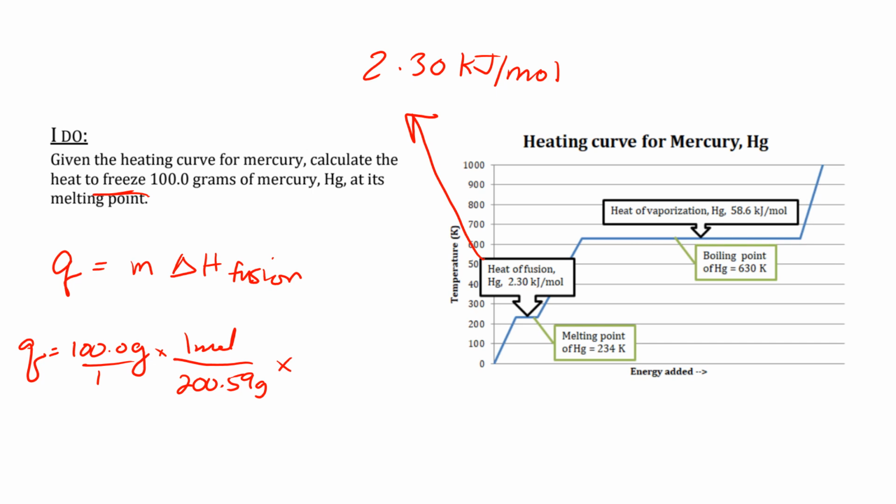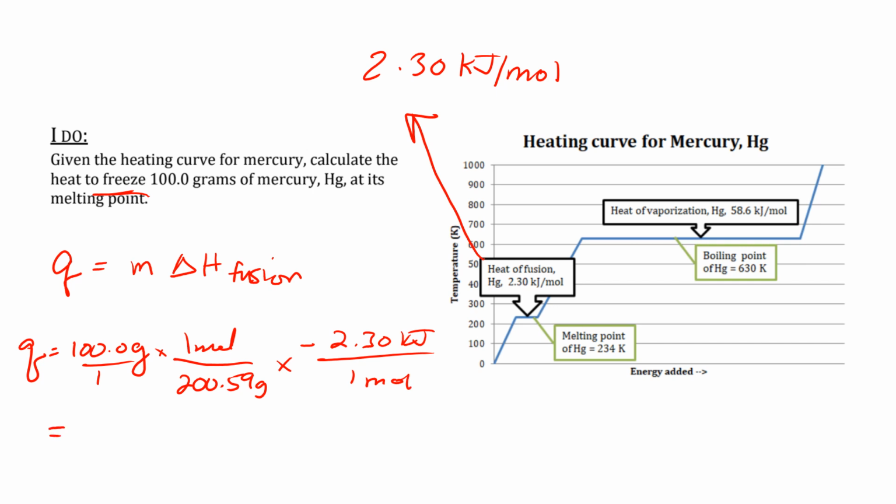Multiply that by my heat of fusion, but because this is an exothermic process, heat is released. Because we're talking about freezing, going from liquid to solid, heat is leaving the system into the surroundings, so my heat of fusion will be negative: negative 2.30 kilojoules per 1 mole.